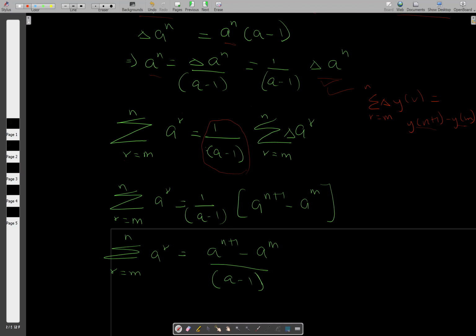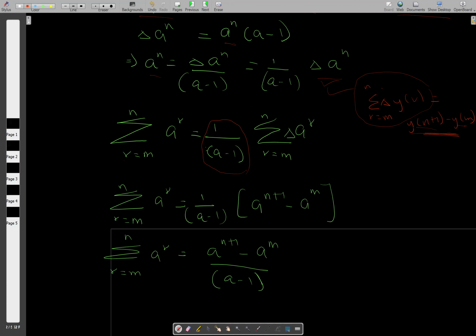Now from the theorem that we discussed, when you have the summation of the forward difference of y as r starting from m up to n, it is the same as y of n plus 1 minus y of m.